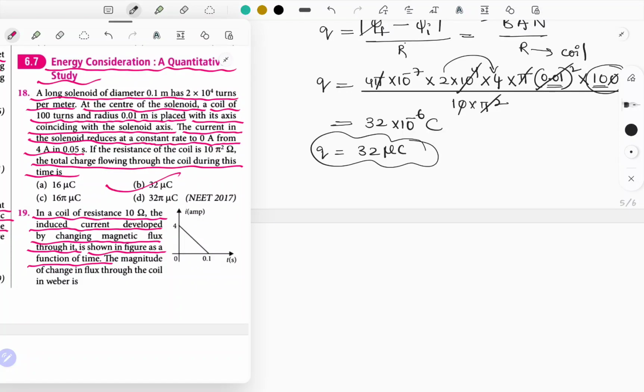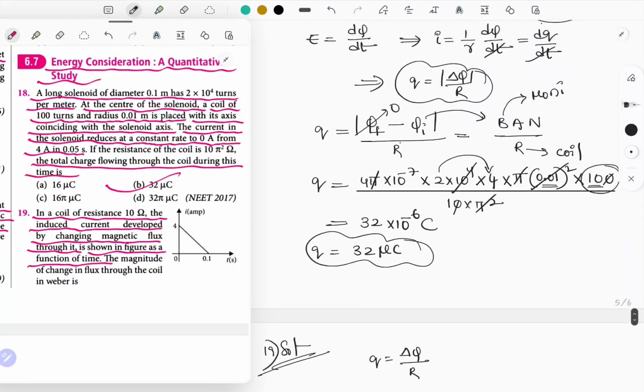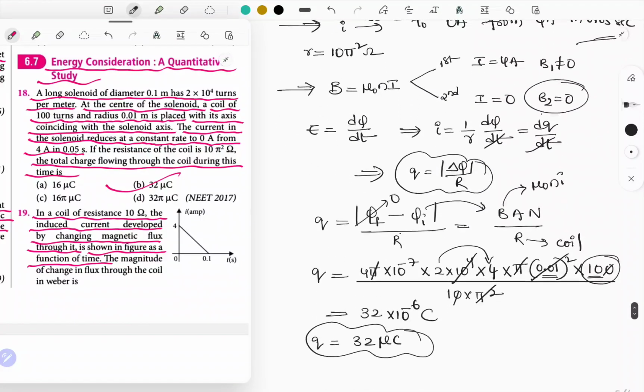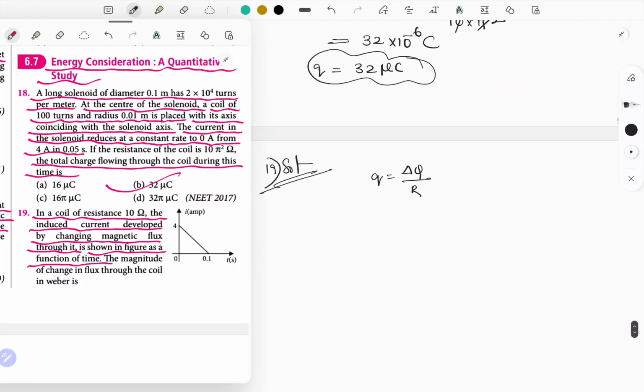We know the formula for charge in terms of flux. That is Q is equal to delta phi by R, where R is the resistance of that coil, Q is charge flown, delta phi is change in flux. So let's use that relation.